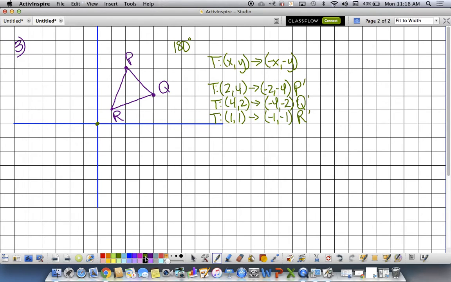So we're going negative 2, negative 4. That's P prime. Negative 4, negative 2, that's Q prime. And R prime is negative 1, negative 1. Okay? Does it appear to have just rotated? It has. They've all gone 180 degrees.